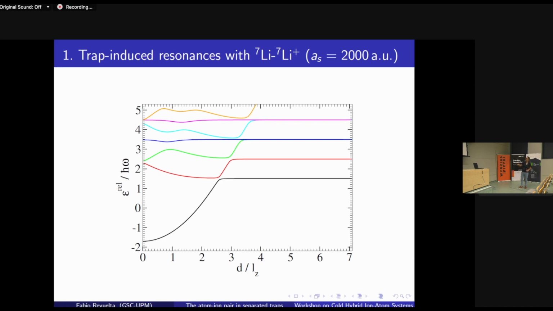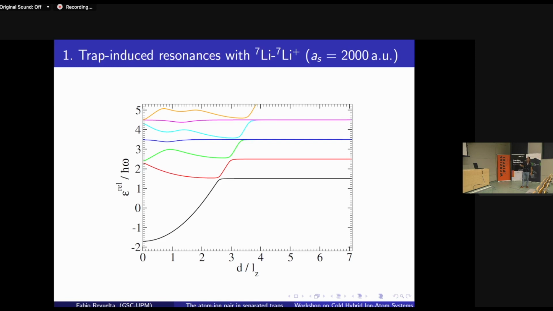Let's say they are not plotted, but very low here, maybe minus 1,000 in energy, we have deeply bound states where the atom and the ion form a molecule. These states here correspond to trap states. And this is an interesting one, the least bound state, right? And if you can see, at 0 separation, the energy is minus 1.7 more or less. And as you increase the separation, the energy goes upwards, right?